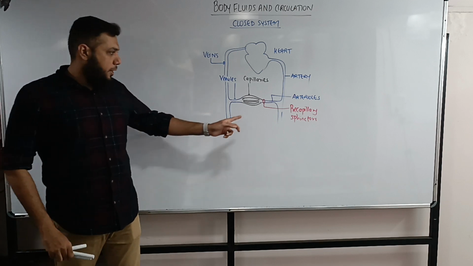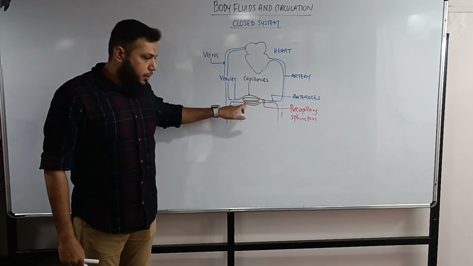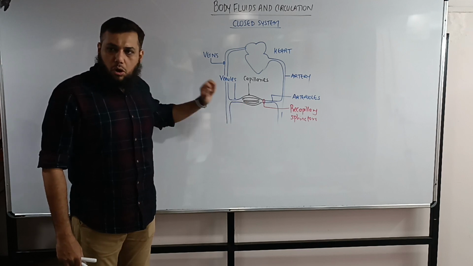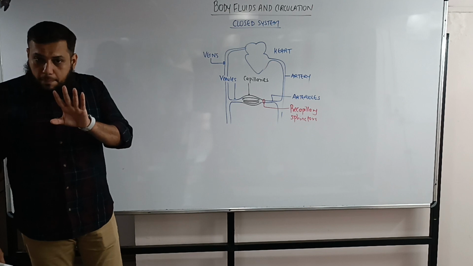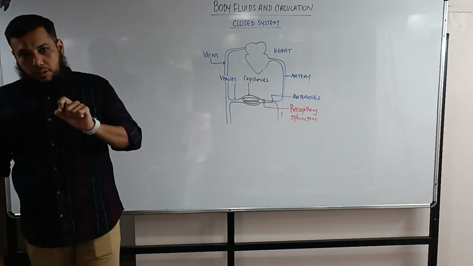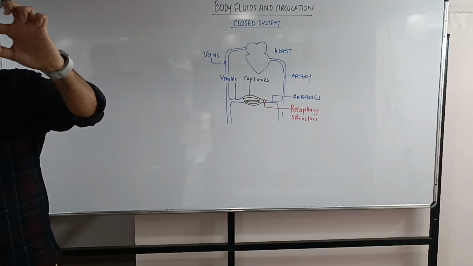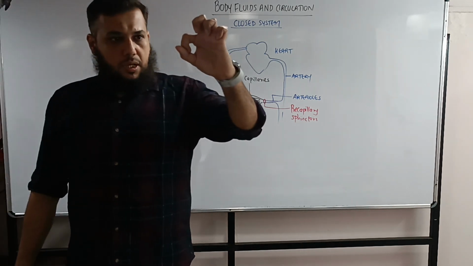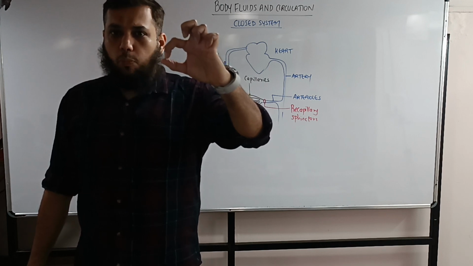And these pre-capillary sphincters regulate the amount of blood that is flowing into the organ. समझा मैंने क्या बोला? Sphincter is like a ring muscle. If it contracts, it will close the opening. If it relaxes, it will open the opening.